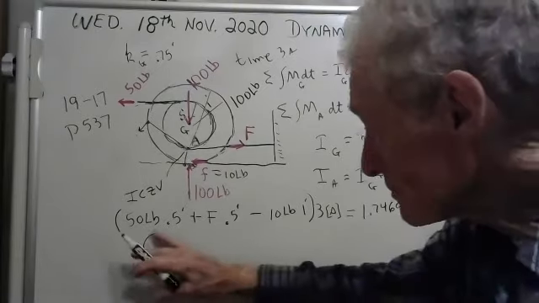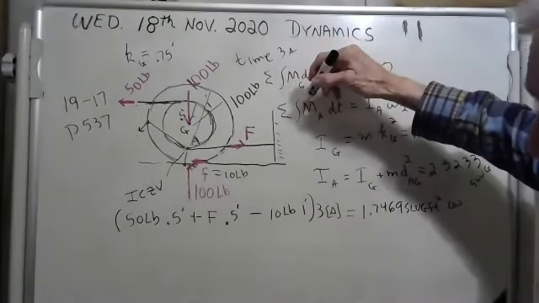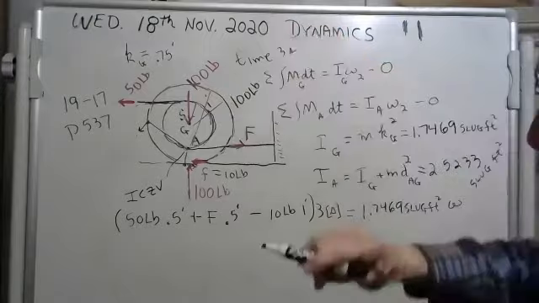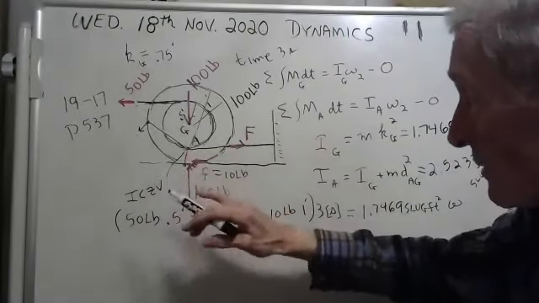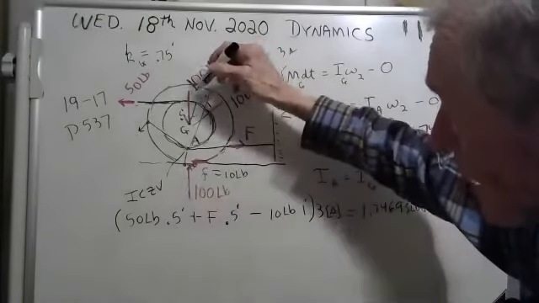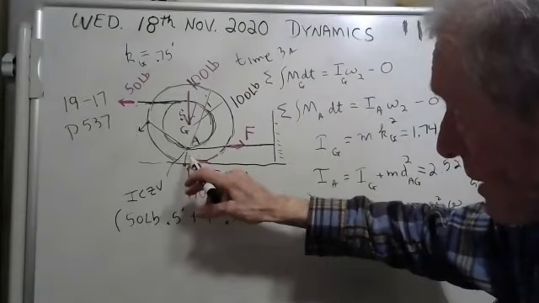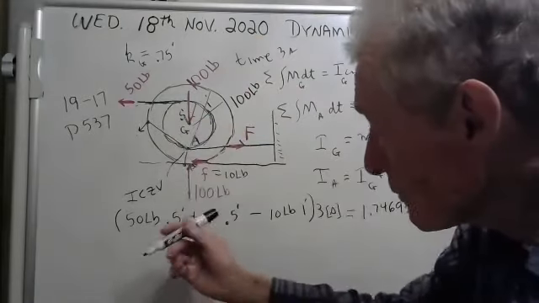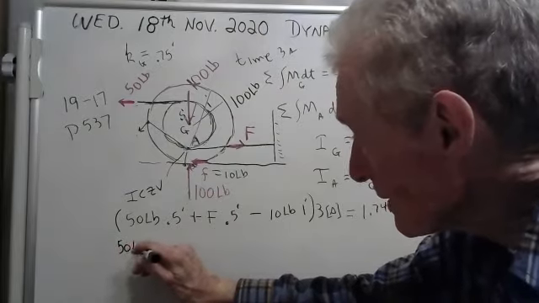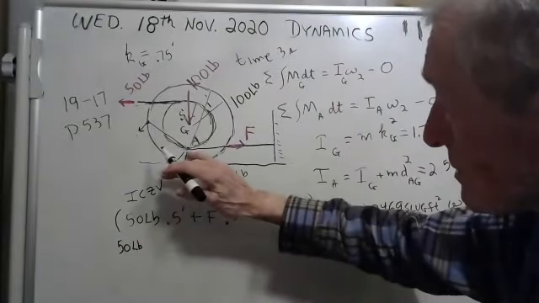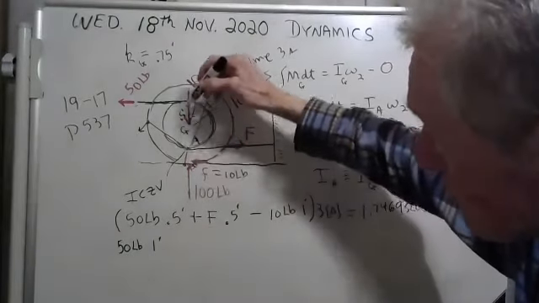Now let me write it. What I'm going to do now is write this equation here. I just wrote this one. But now we're going to write the sum of the moments about A. Well, the 100 pounds goes through A. That doesn't give you a moment. And this 100 pounds goes through A. But the 50 pounds gives you a moment about A, and the distance is 1 foot from A up to the 50 pounds.